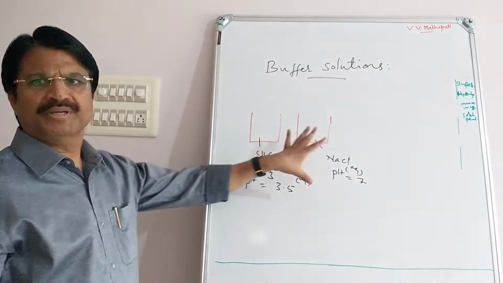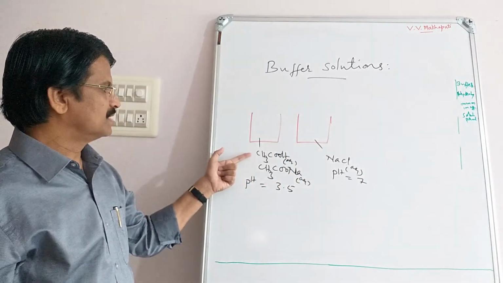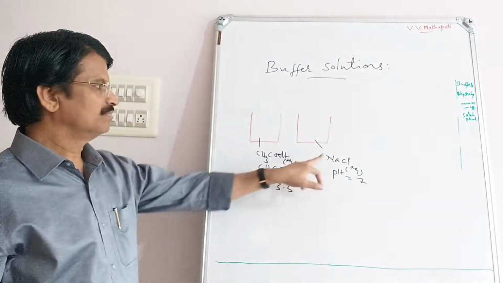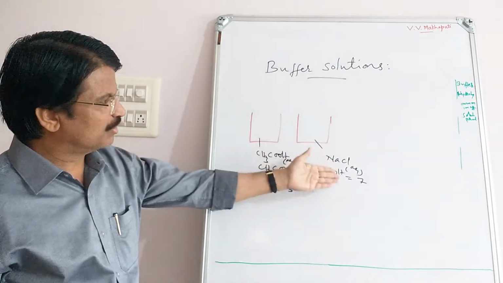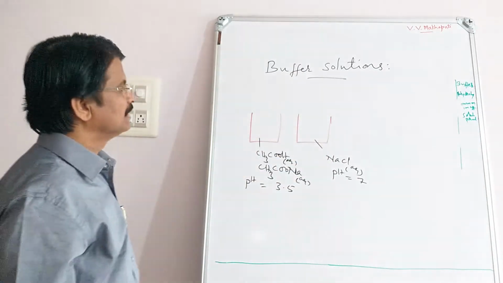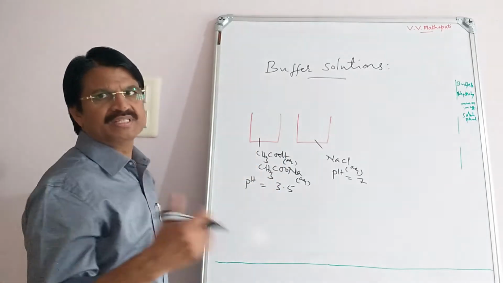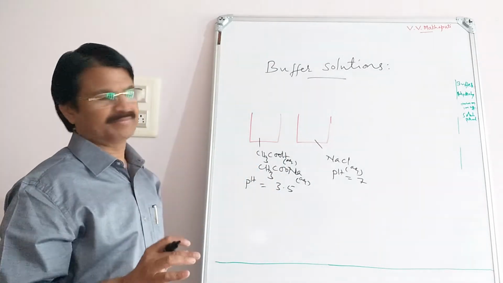Then both are said to be solutions: the acetic acid and sodium acetate mixture solution, and the NaCl solution, NaCl in water. Out of the two, you have to decide which is a buffer.